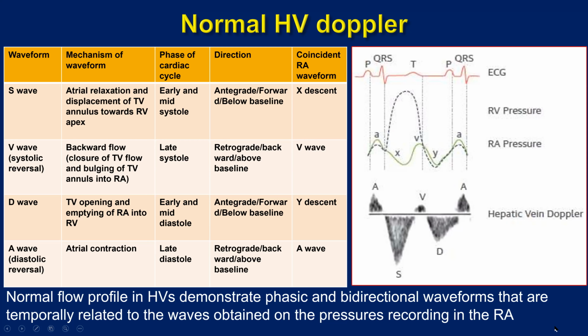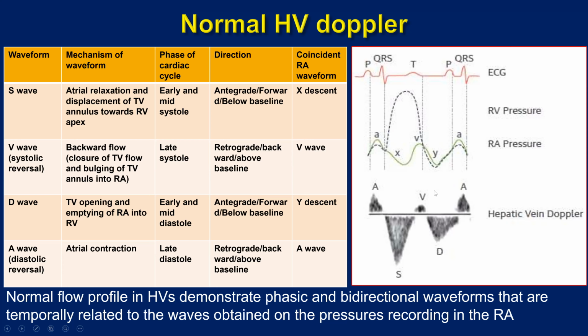This is normal. And lastly, the A wave, as we said, at end diastole, after the P wave, is a backward flow, because when the atria contracts, it will push the blood forward in diastole, and at the same time a small amount of blood will go backward into the RA.